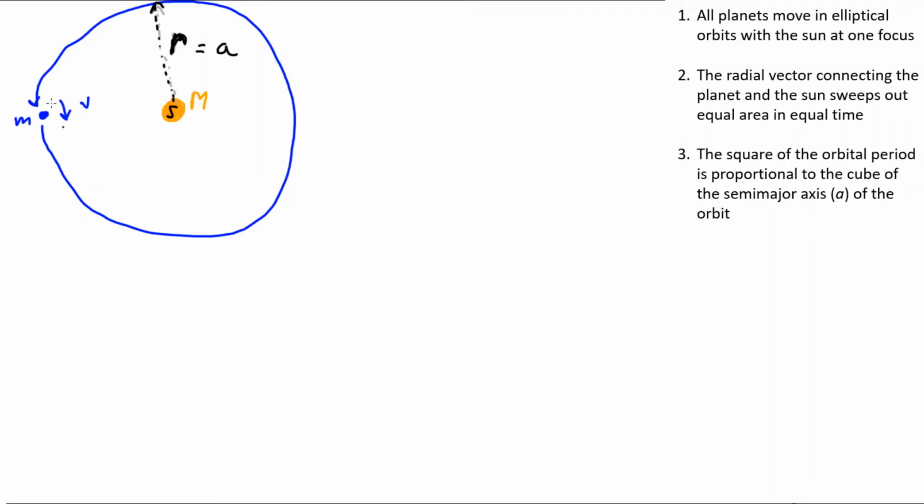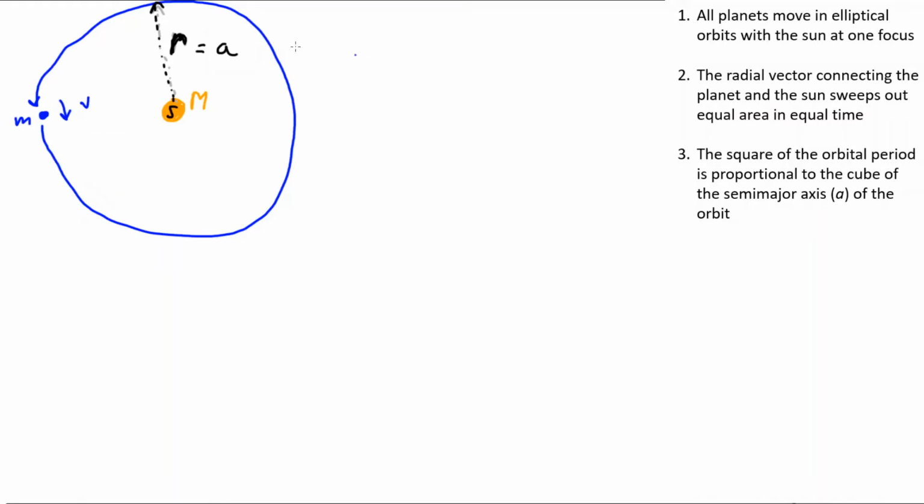Okay, so we're saying our planet is going around at some speed v. It has mass little m, the sun has a mass big M. First of all, we know that if this planet is going around in this circular orbit at the speed v, well, Kepler's second law of planetary motion says that it has to sweep out equal area in equal time.